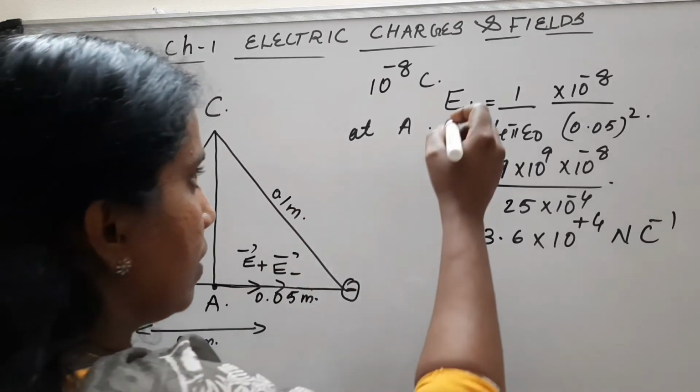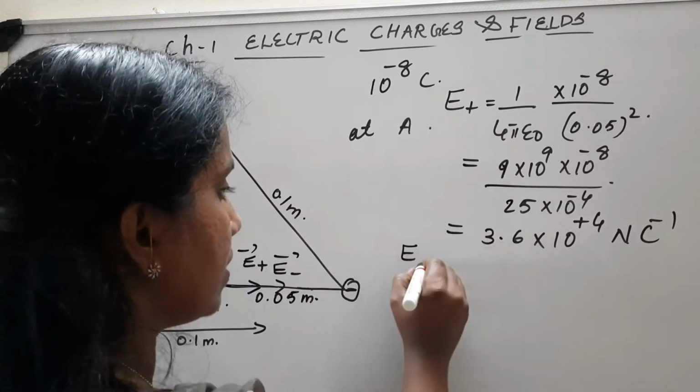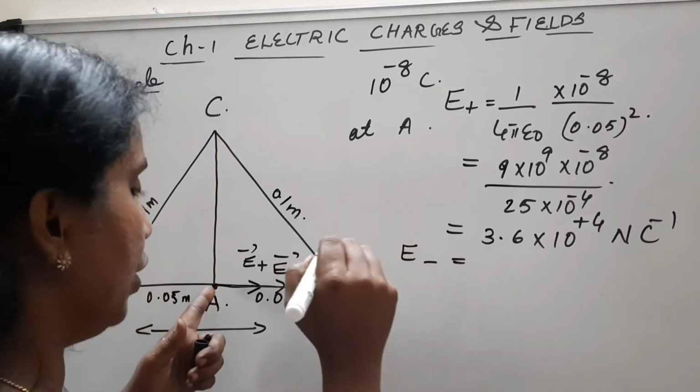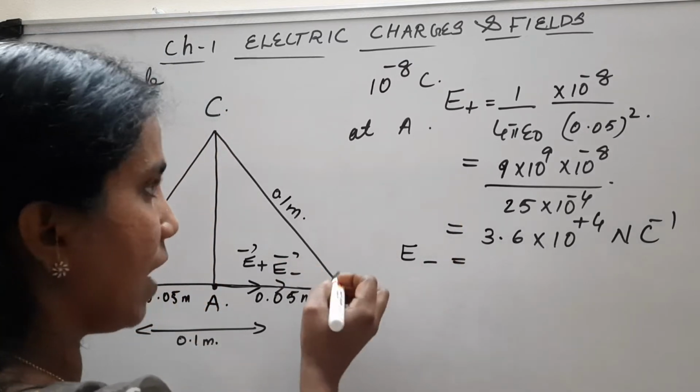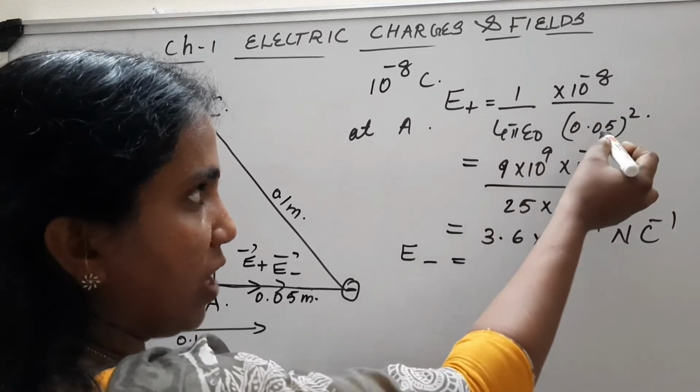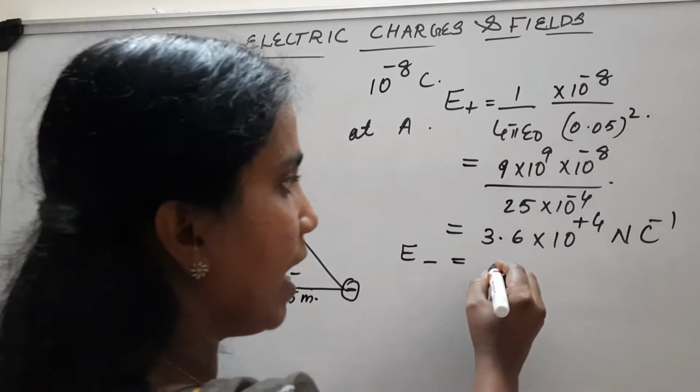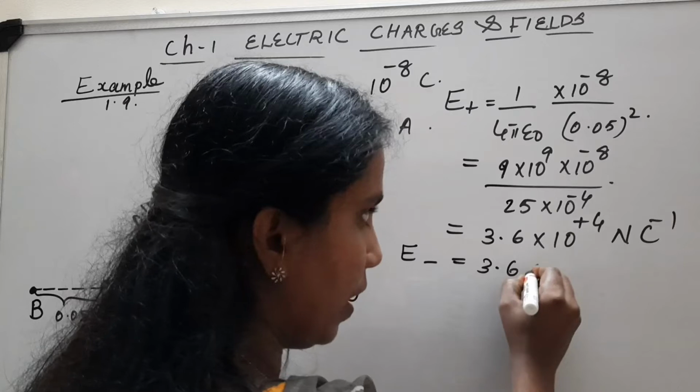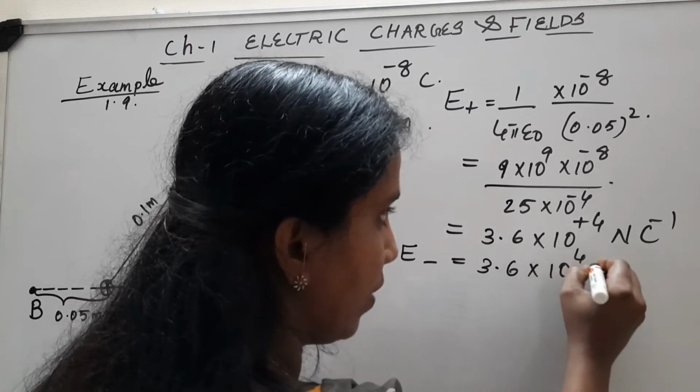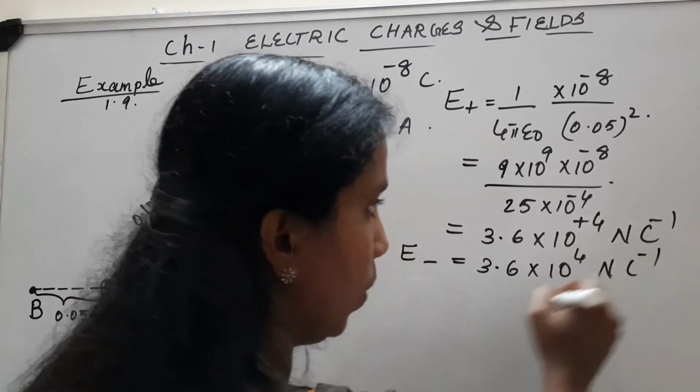Similarly, the magnitude of field due to negative charge will be the same, because same amount of charge and same distance, and that also comes out to be 3.6 into 10 raised to 4 Newton per coulomb.